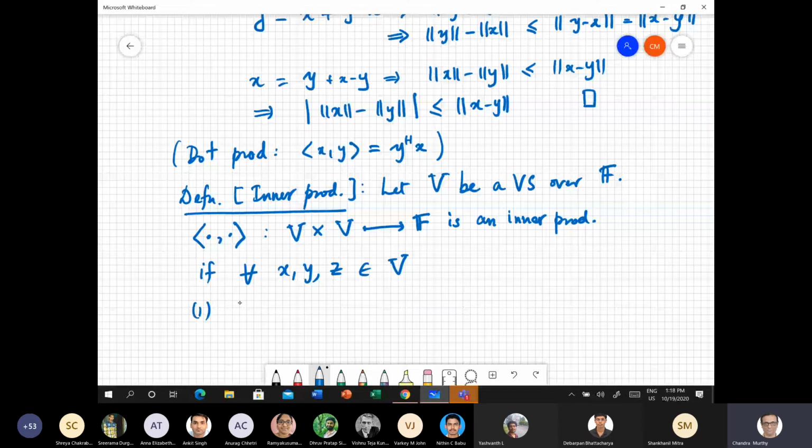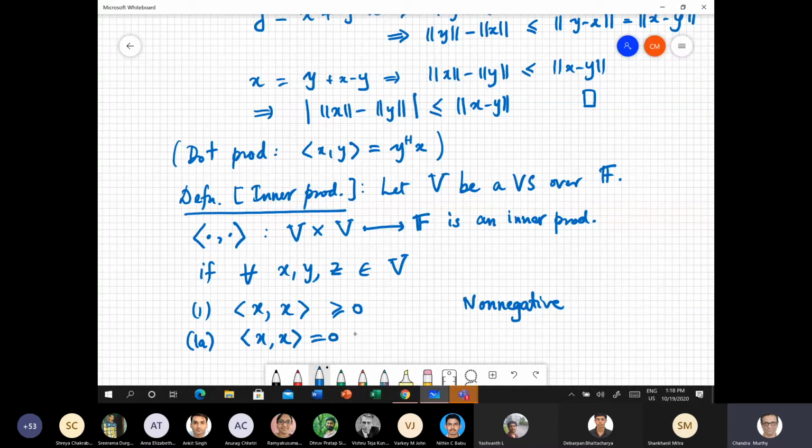The inner product of x with itself is greater than or equal to 0, which is the same as our non-negativity. And second, which again I'll call 1a, the inner product of x with itself equals 0 if and only if x equals 0, which is the positivity property.